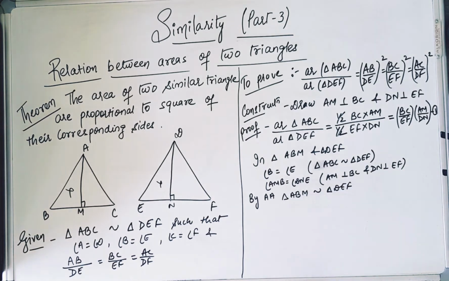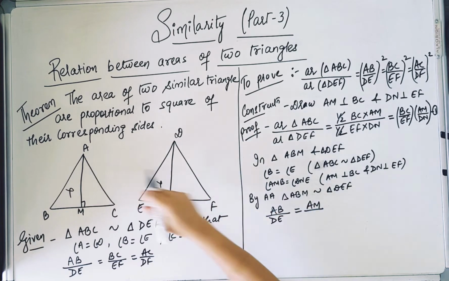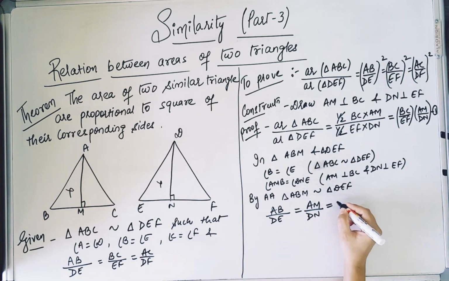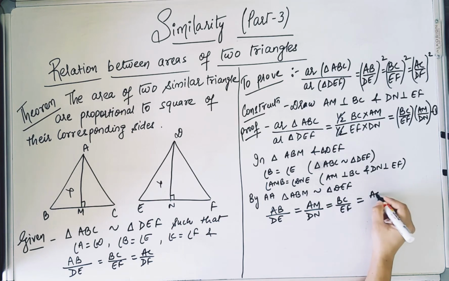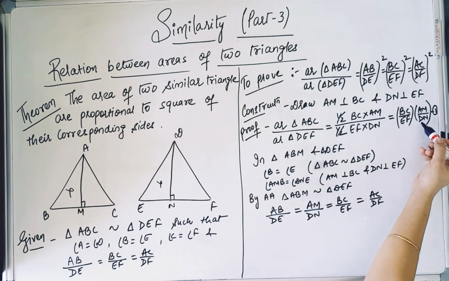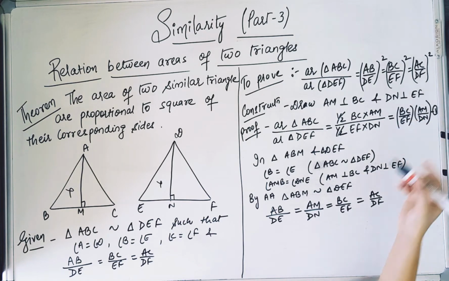If triangles are similar, we can write AB by DE equals AM by DN. And we know AB by DE equals BC by EF, and this will also equal AC by DF. So in place of AM by DN, we can write BC by EF.